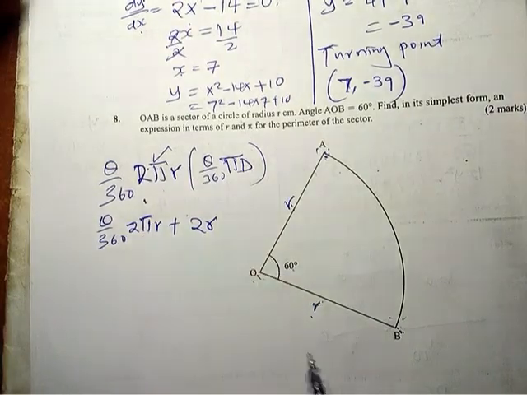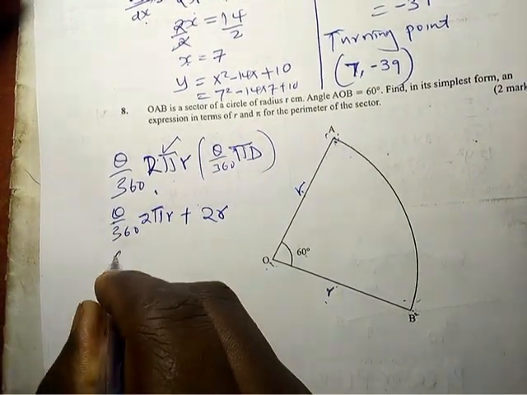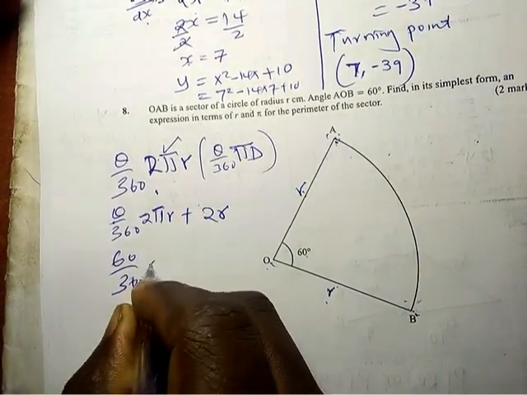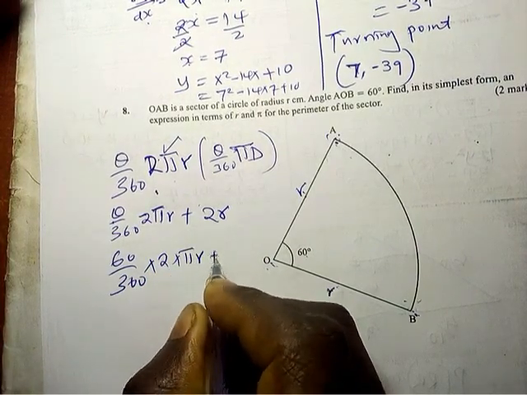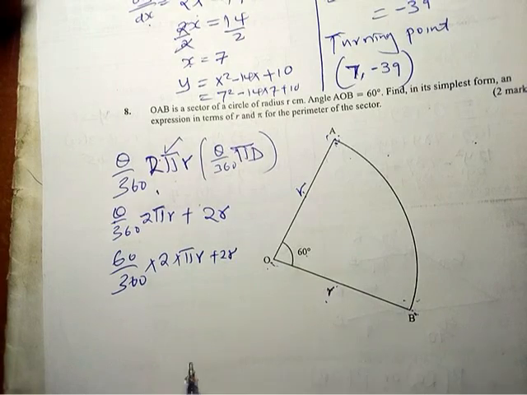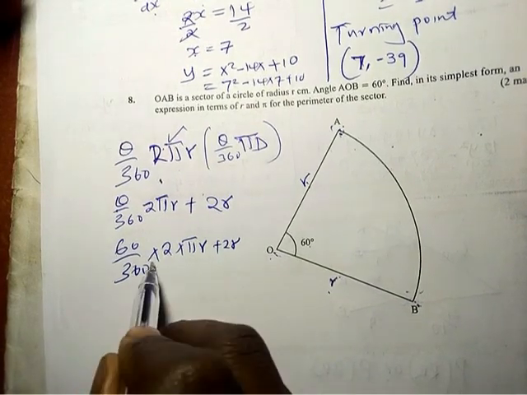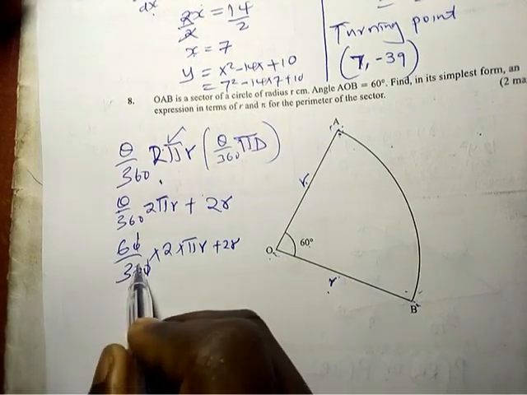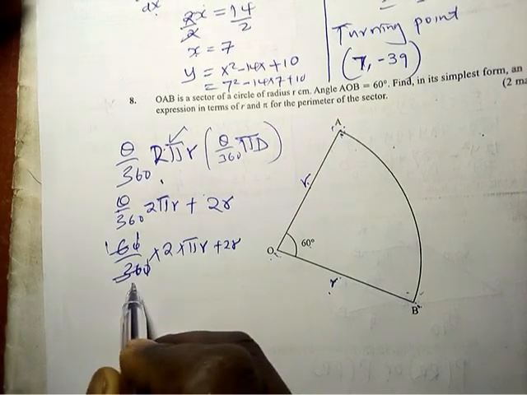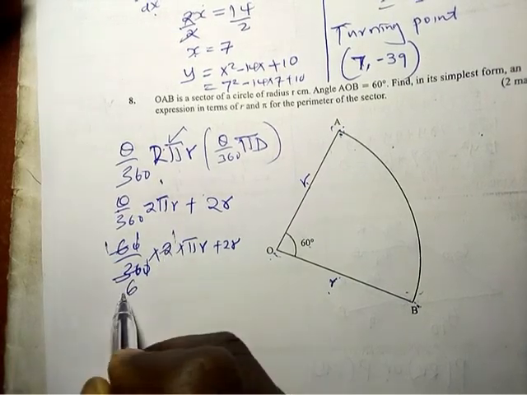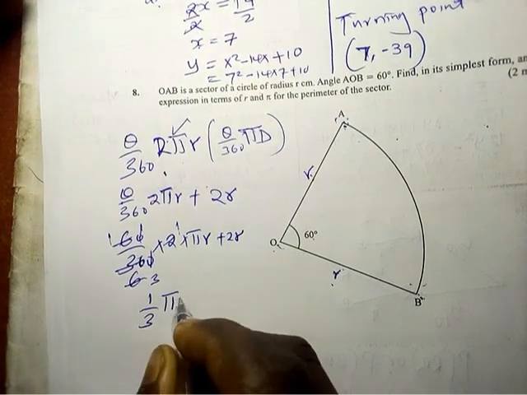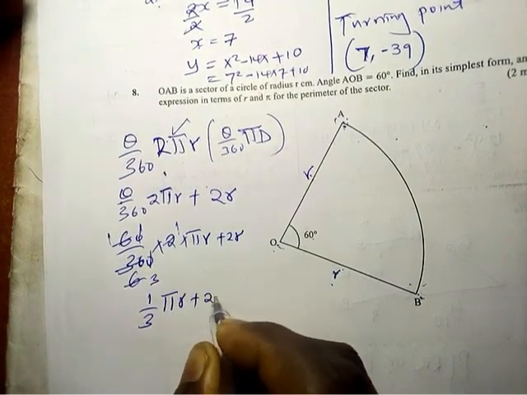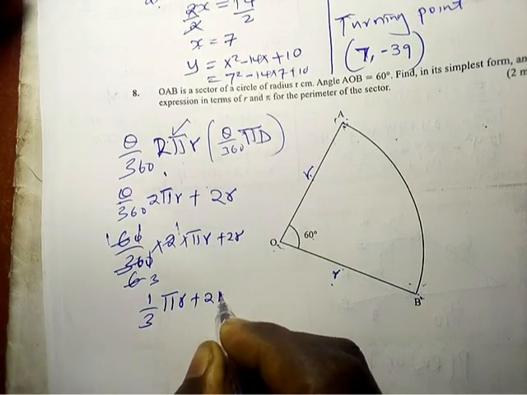Did you see that? Very good. Now theta is 60 over 360 times 2 times pi r plus 2r. So this one goes into this one time, and into this 6 times. Into this one time, and into this 3 times. So we have 1 over 3 pi r plus 2r.